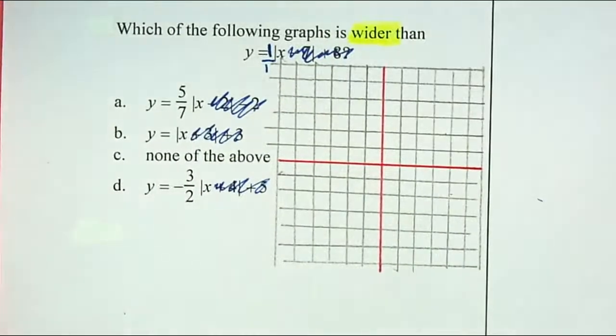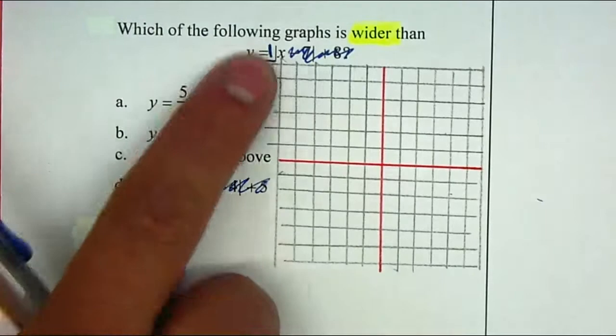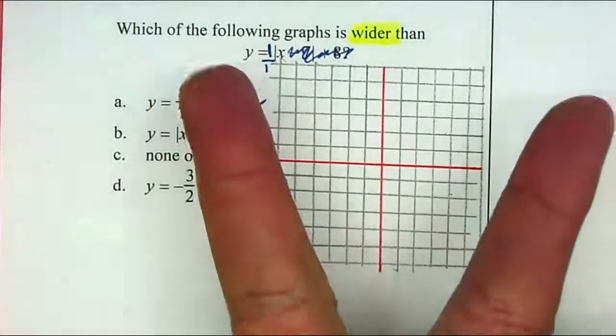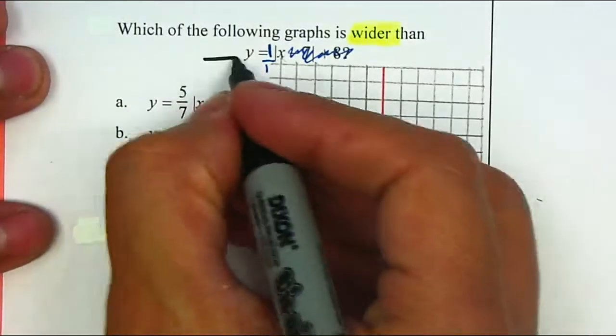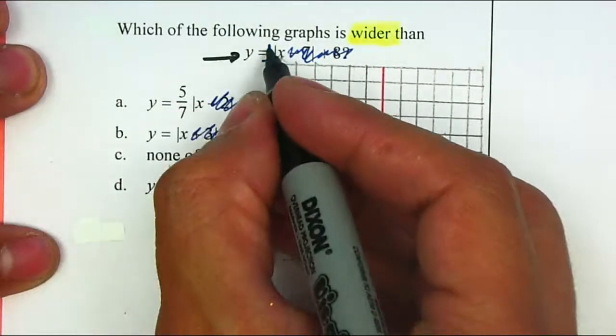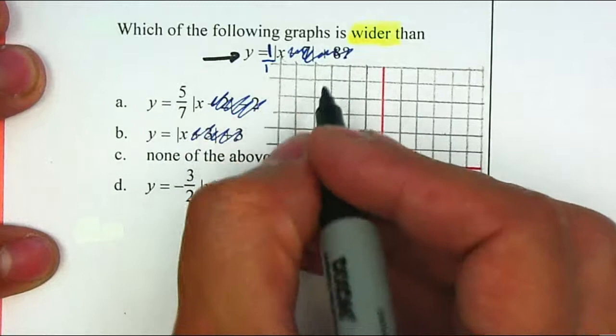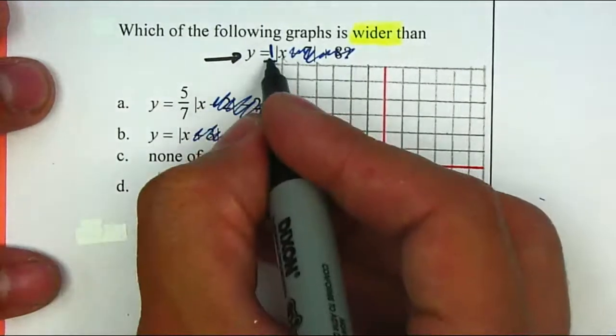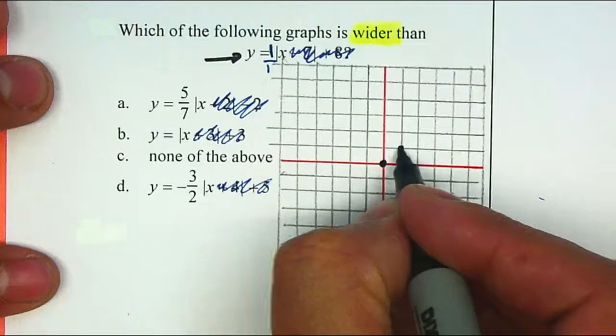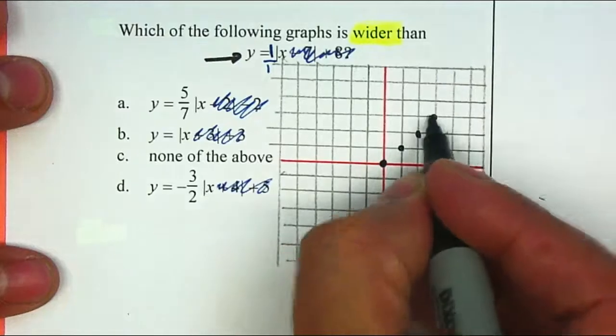We need to be able to compare how wide the graphs open. Now on the first one, I'm going to do it in black. My slope is 1 over 1. Now remember, the location doesn't matter, so we're going to assume 0, 0. My slope is up 1 to the right 1, up 1 to the right 1, up 1 to the right 1, up 1 to the right 1.